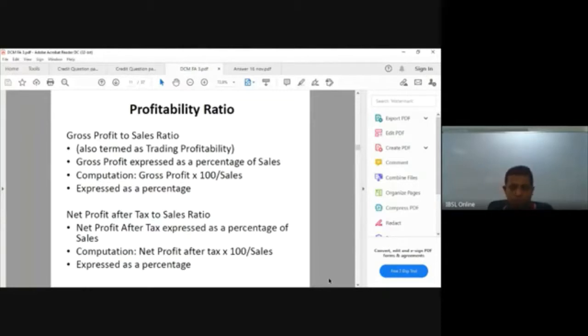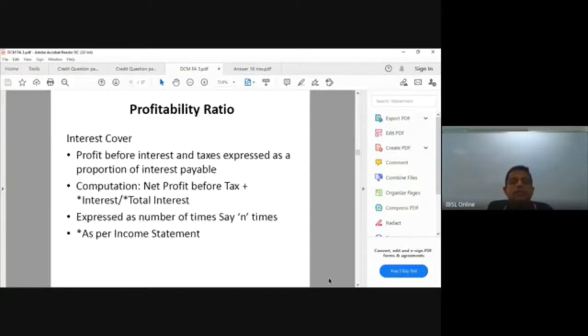Therefore, we have to get a good understanding if there are main variations in the net profit ratio also. There can be companies where you have a good gross profit ratio, but when it comes to net profit ratio, there are material declines. In those cases, you don't merely reject the proposal, but you have to find the reasons why that actually happened. Then this is also a very important ratio.